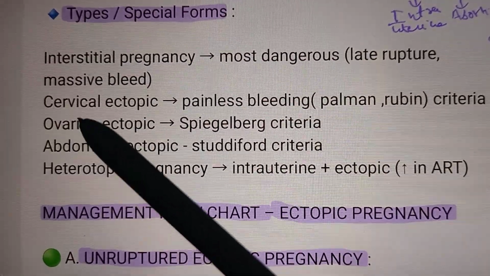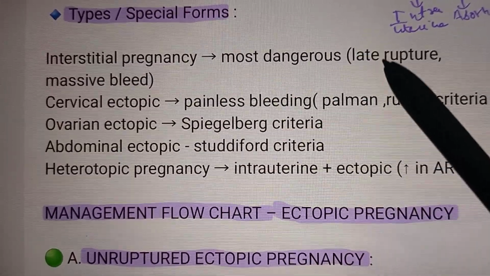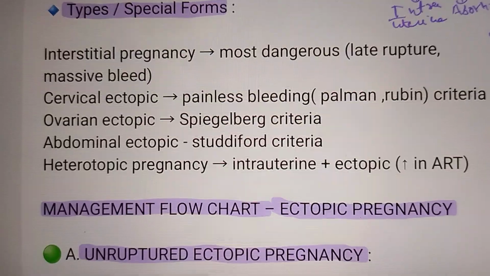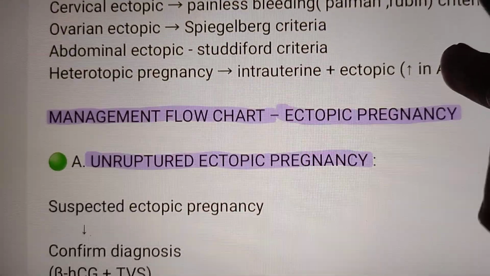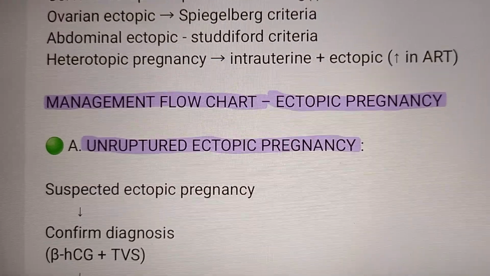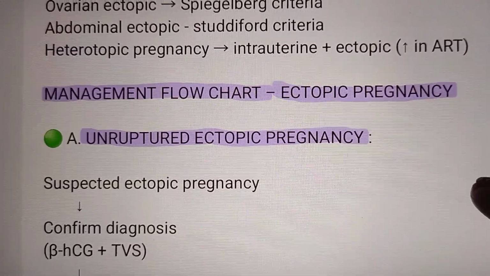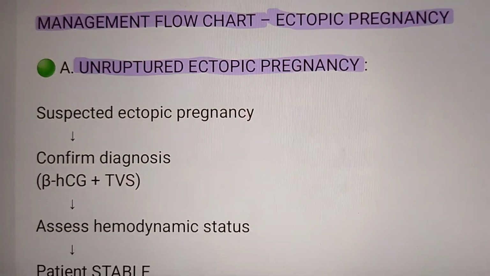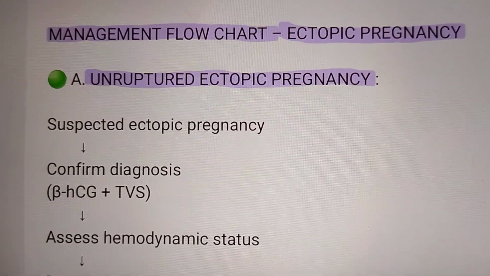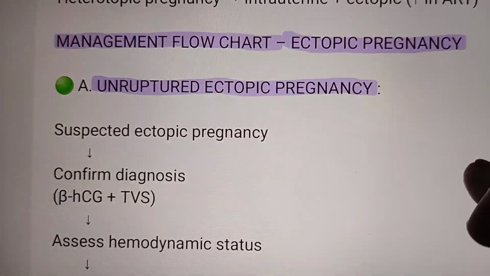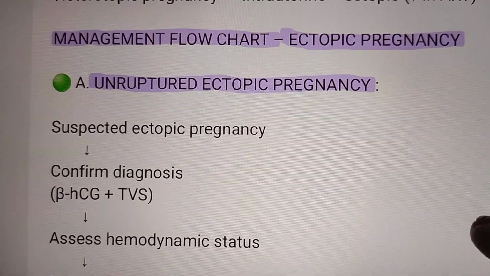Among these, interstitial pregnancy is the most dangerous one, with late rupture and massive bleeding. What is heterotopic pregnancy? A question asked. It is an intrauterine plus ectopic pregnancy. Increased risk in ART.